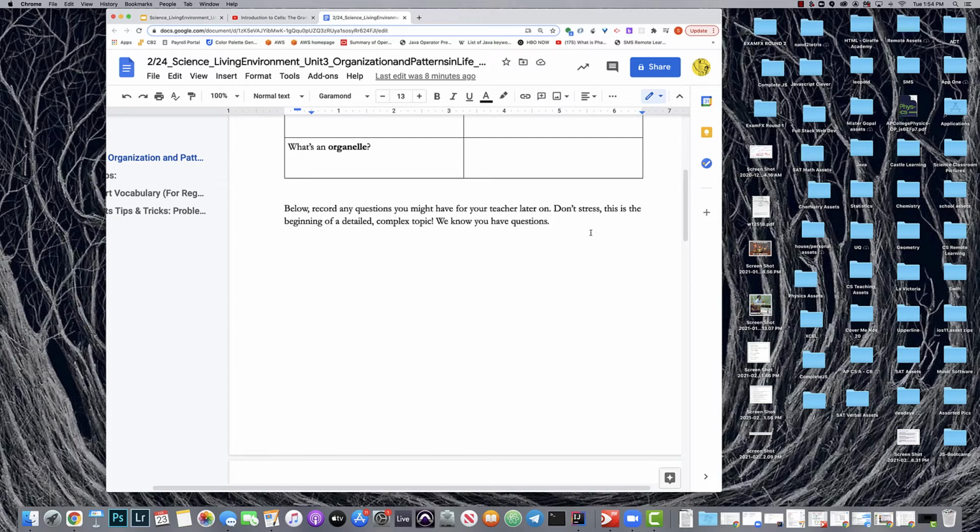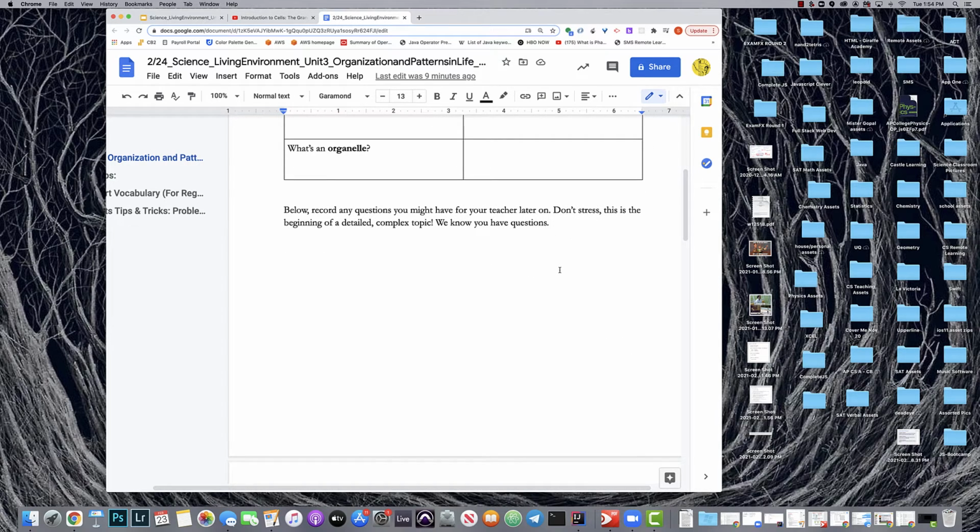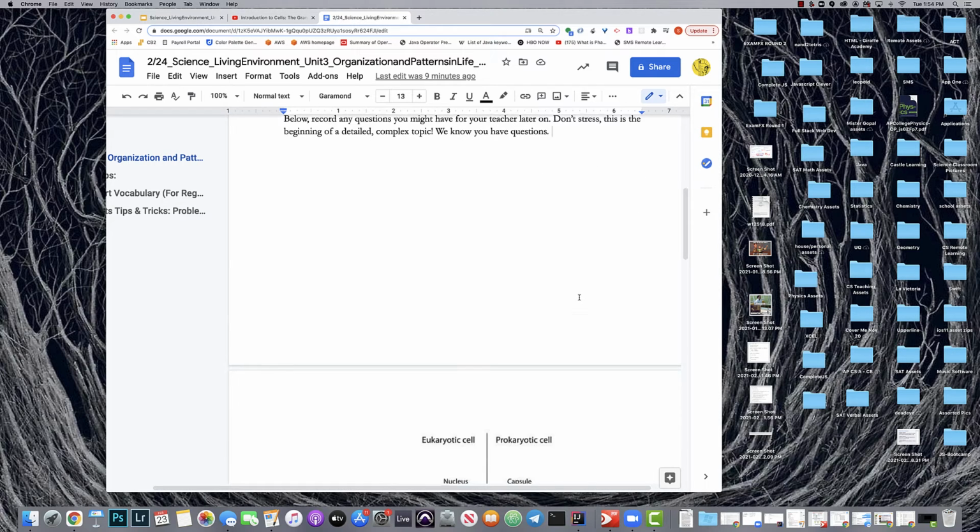What I mean by that is if students are recording questions here, in addition to maybe answers that reveal a certain level of mastery or a certain level of struggle with a concept, these questions let me know exactly what I'm going to loop back to if I ever pull students to work on things more intensively in a small group or one-on-one. And I don't want them to be stressed, so I always make a point of telling them that.